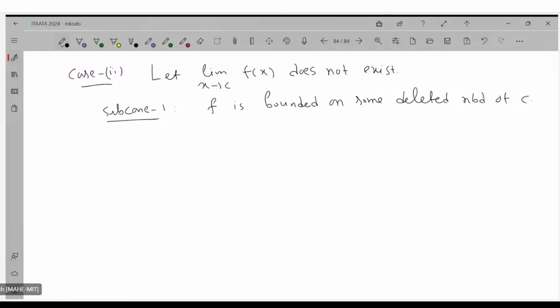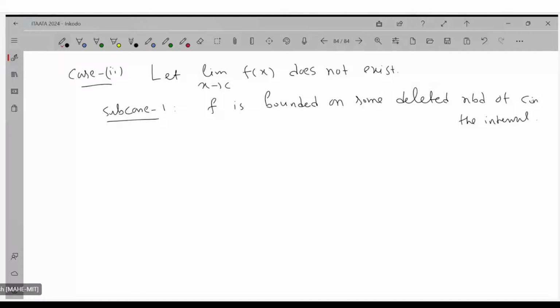So in this case, we will say that the function has oscillatory discontinuity. Bounded on some deleted neighborhood of c in the interval. Okay. What do we mean by that?